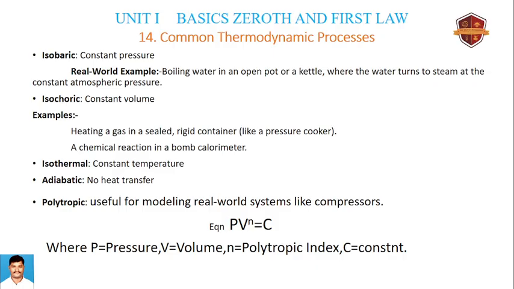A real world example: boiling water in an open pot or a kettle where the water turns to steam at constant atmospheric pressure. Polytropic, useful for modeling real world systems like a compressor. Equation PV^n equal to C, where P means pressure, V means volume, n means polytropic index, C means constant.